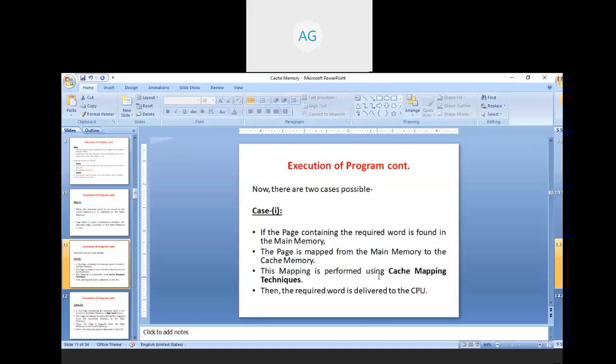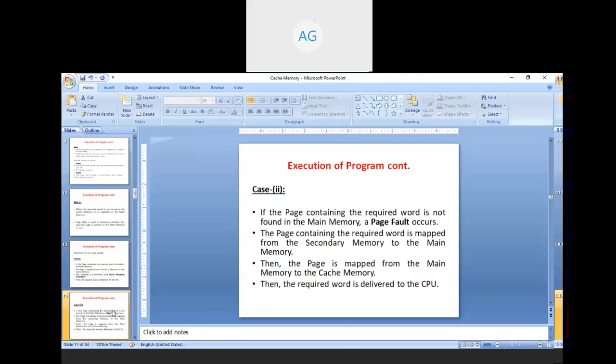This technique is very important from your examination point of view, because theory questions as well as numericals come very often from the cache mapping technique. And today we are going to discuss this cache mapping technique in detail.